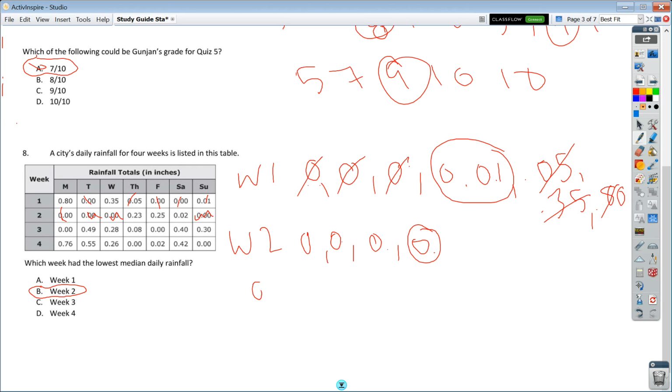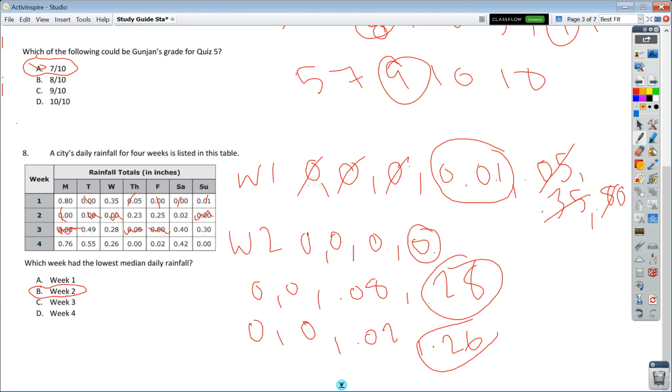And then the next one is 0, 0, 0.08. And then the fourth number, 0, 0.08. And the fourth number is 0.28. So that's not right. And the fourth one is 0, 0.02. And then 0.26. And so that would be it. Definitely week 2 is the lowest.